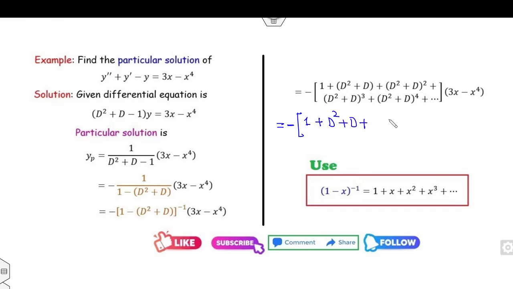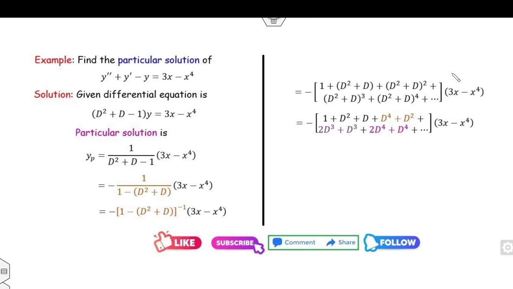If I use a plus b whole square, the first value is d4. Second is d square. 2ab is 2 times d cube. Plus I can use a plus b whole cube. So what will happen if you open them is d raised to power 6 plus d cube plus 3 d raised to power 5 plus 3 d raised to power 4. Since I need up to the degree 4, that is only the 2 quantities. Similarly, for the last part, only this d cube will appear.